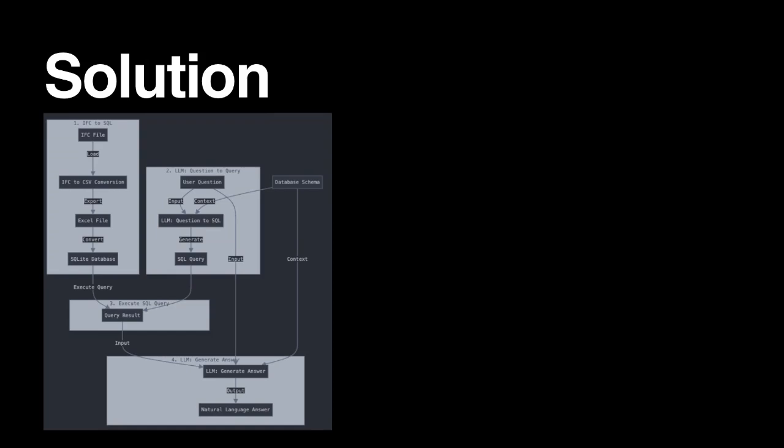Let's say: give me a list of all the doors. The LLM will convert that user query into a database compatible query. We execute that database query, take the result, and give it back to the LLM to summarize and give us a human readable answer.